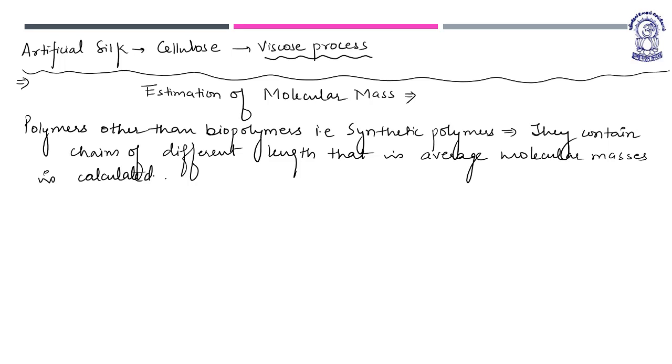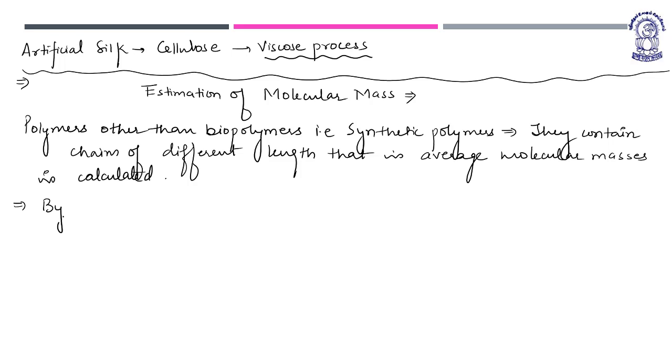While in case of natural polymers, the molecular mass is definite because they contain chains of identical length. Now, the molecular mass of the polymer can be expressed in two ways.